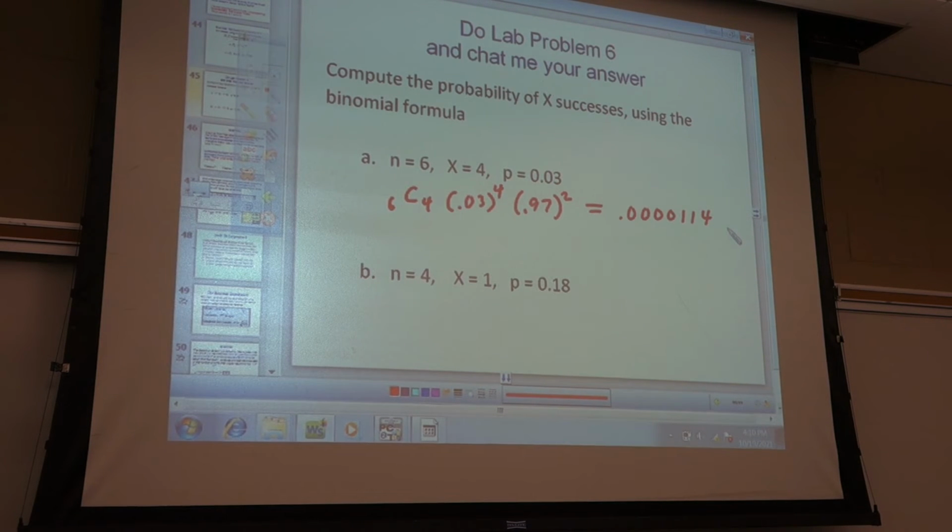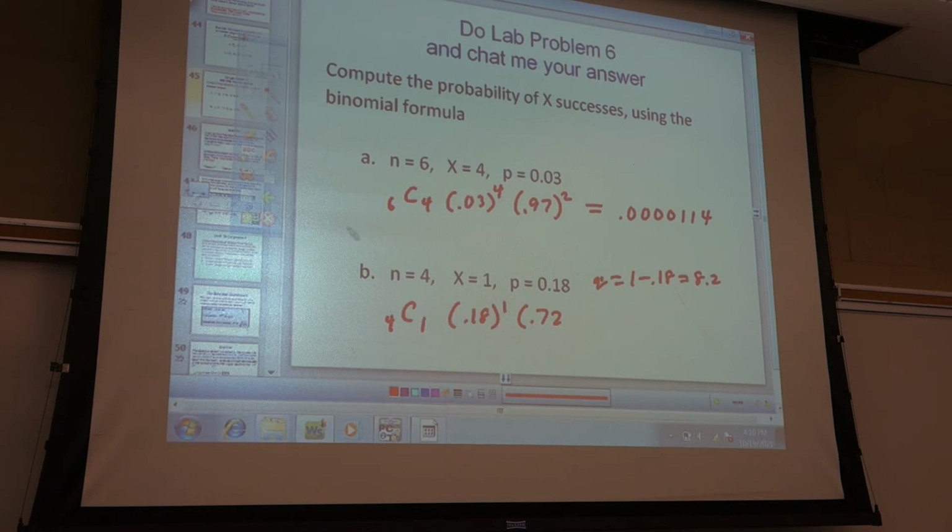All right, next one was 4 choose 1 times, my probability of success is 0.18. How many successes do I want? 1. My probability of failure is, my little q is 1 minus 0.18. So 0.82.